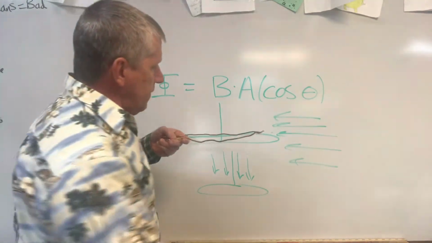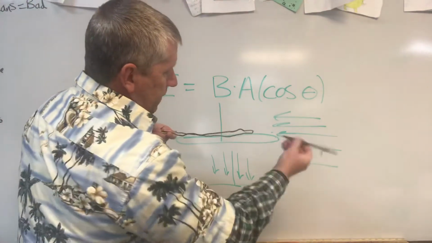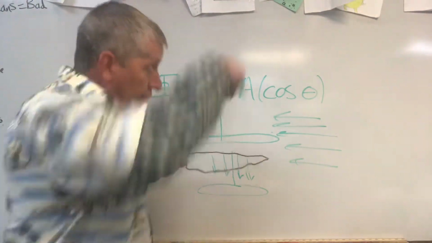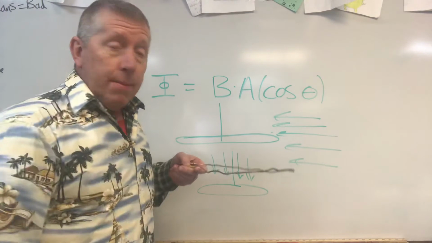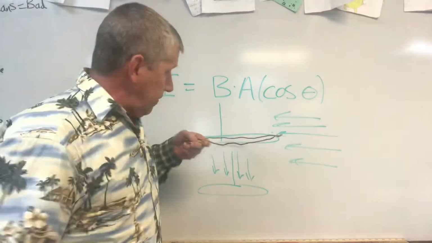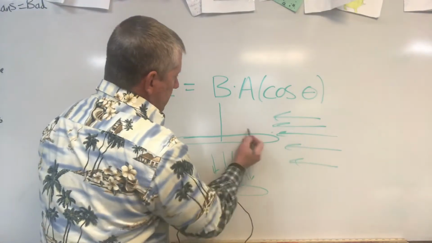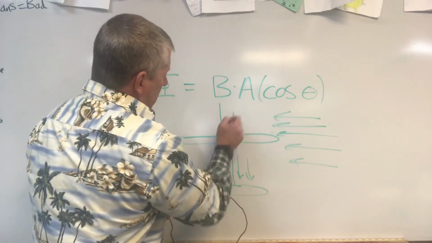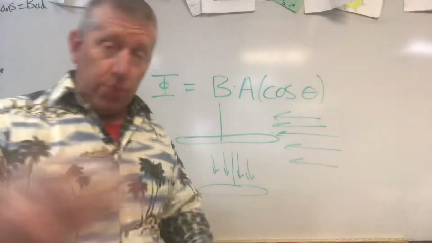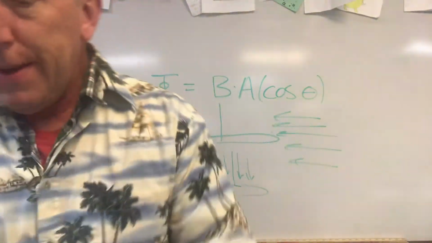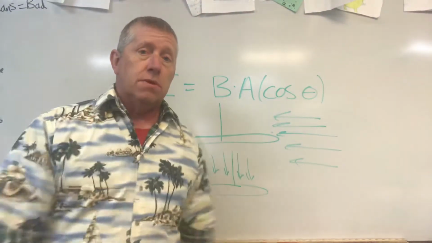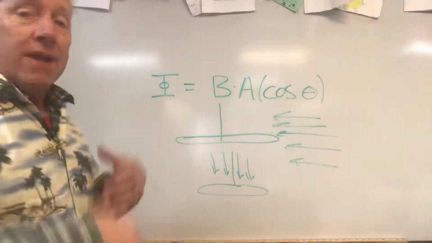If you're holding the wire like this, there are no field lines going through there. So how much flux are you going to have? 0. And that is 90 degrees. That would be a cosine of 90, which we all know is 0, and you would have no flux. So that's how the angle works.